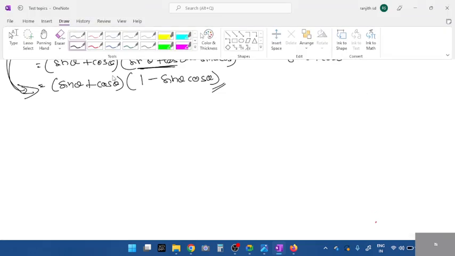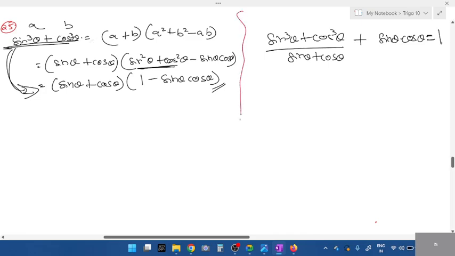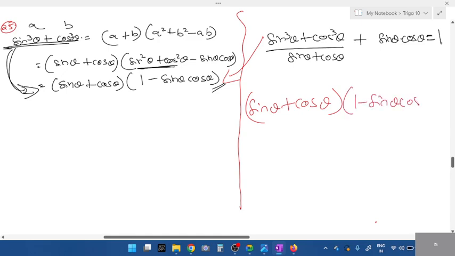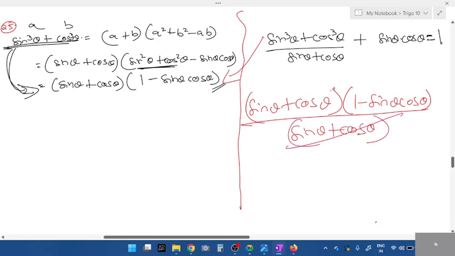Okay, now you all answer. What should I replace, students? Numerator, what should I replace this numerator with? Sin theta plus cos theta into 1 minus? No, no, direct answer. Just take the direct answer. Divided by sin theta plus cos theta. Which one gets cancelled?